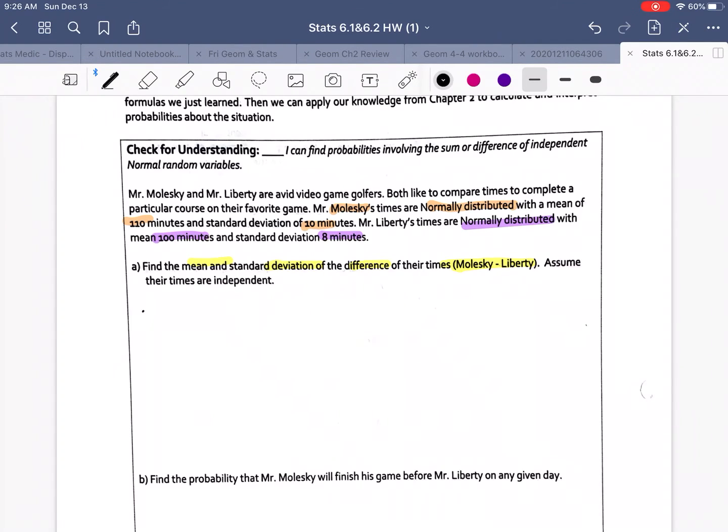Okay. So learning what we have learned so far, we know that the mu of Mosley minus Liberty, we could merely subtract: mu Mosley minus mu Liberty. So if mu Mosley is 110 and mu Liberty is 100, we're expecting them to vary by 10 minutes.